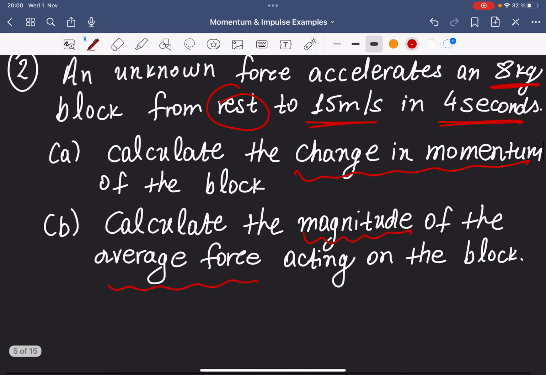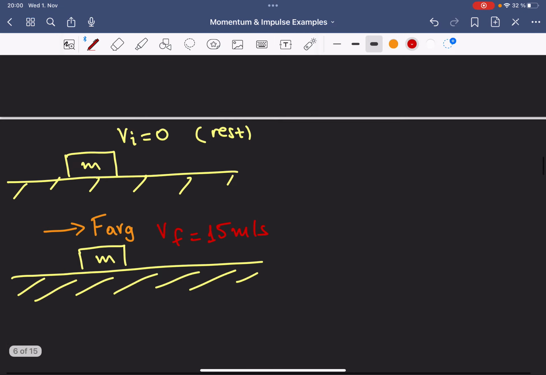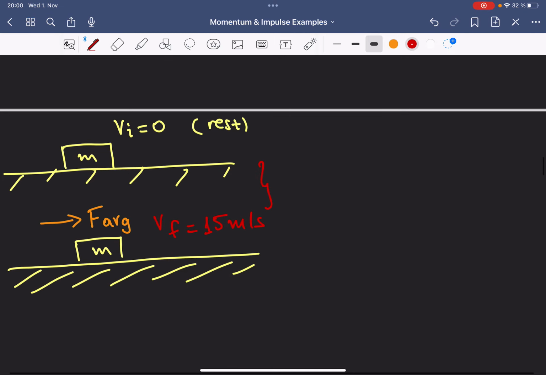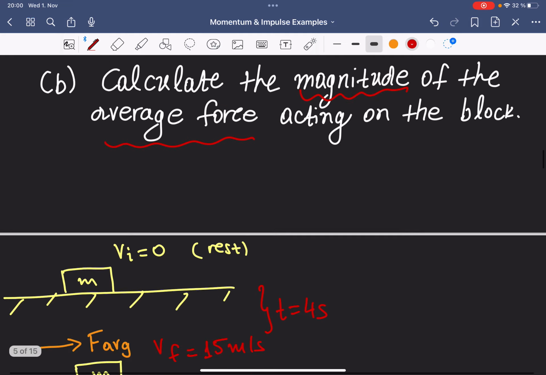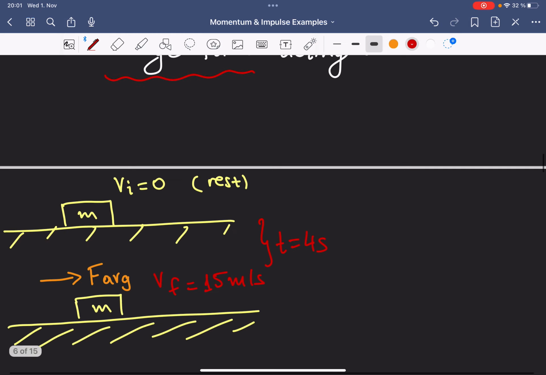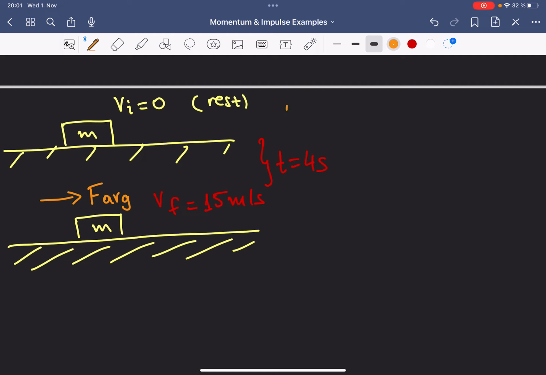And the time difference here is 4 seconds. We also know that the mass of our object is 8 kilograms.